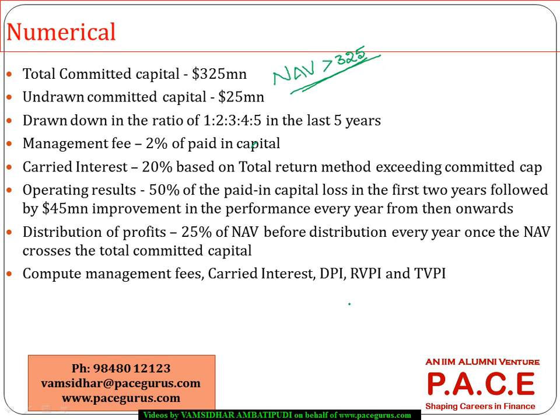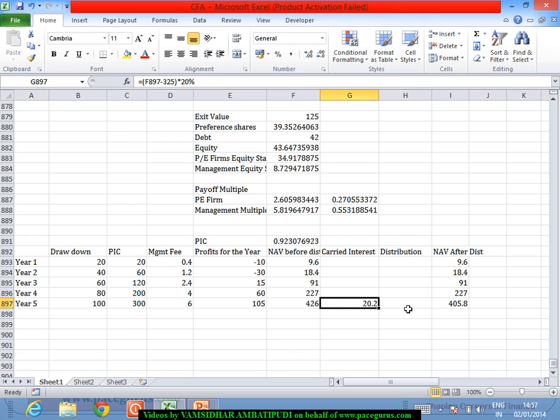Then distribution of profits: 25% of the NAV before distribution every year once the NAV crosses the total committed capital. Which means only here is there a distribution of 25% of the NAV before distribution. So 25% of that is distributed, which results in this as the flow for the 5-year period.